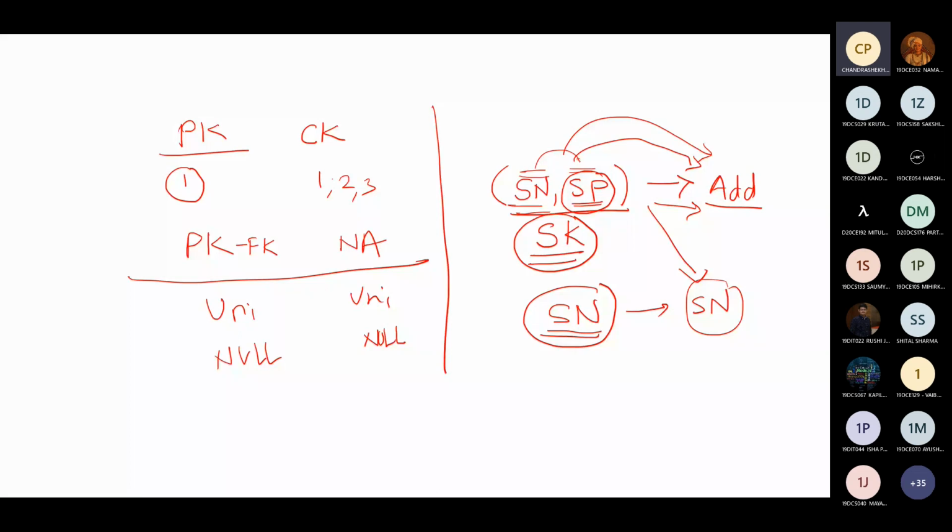Understood? What is a composite key? It is a combination of two or more columns within that table, and it is used to identify unique records or unique information. Clear?